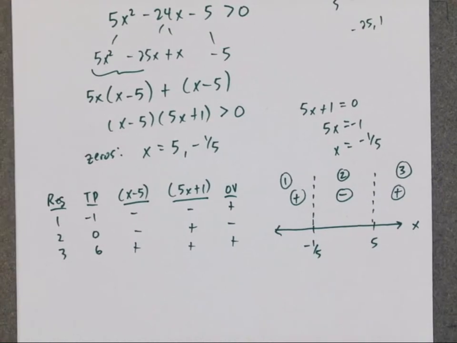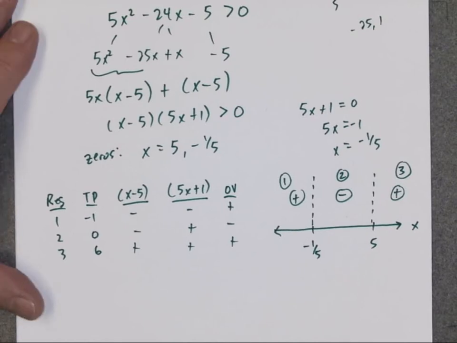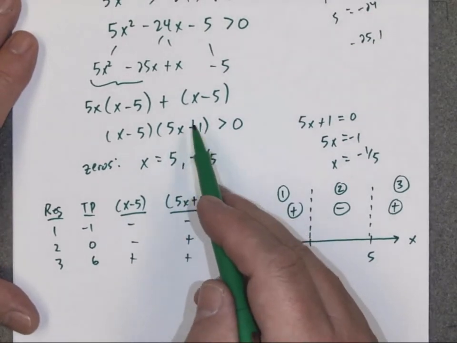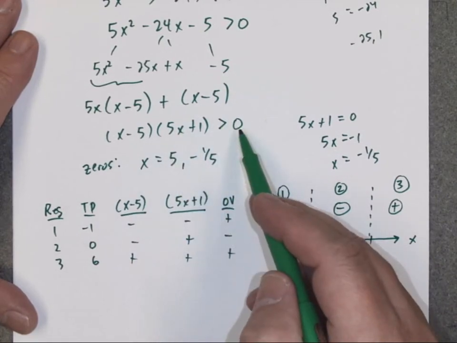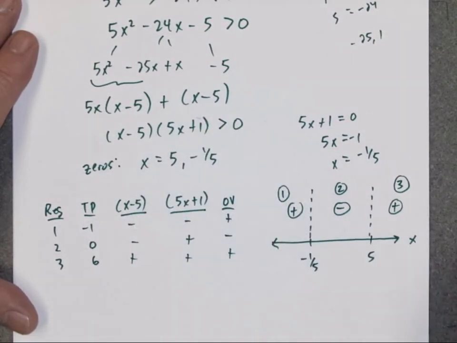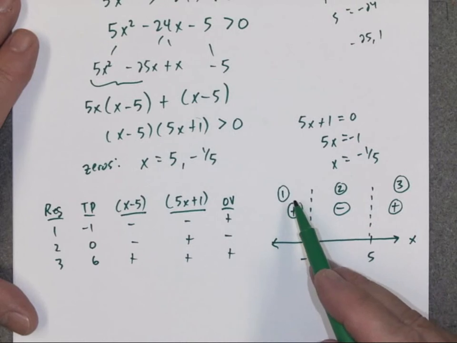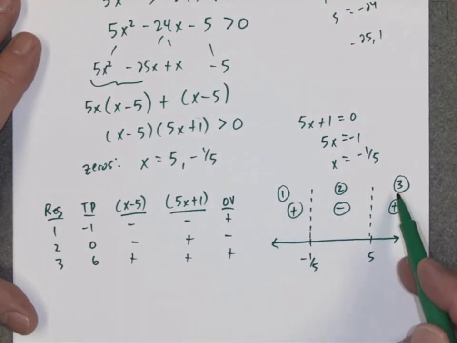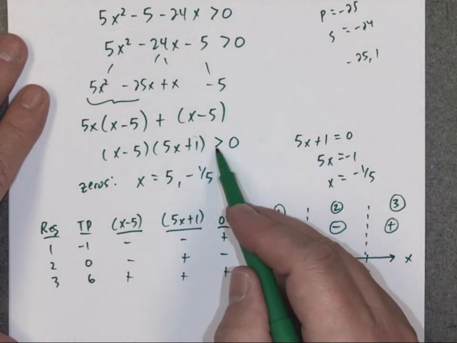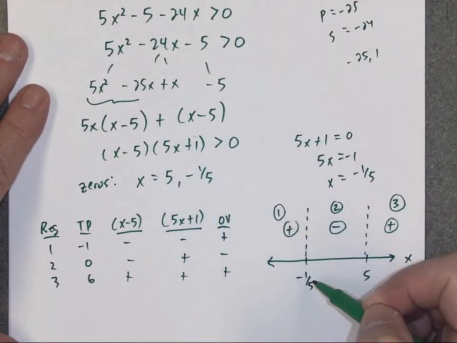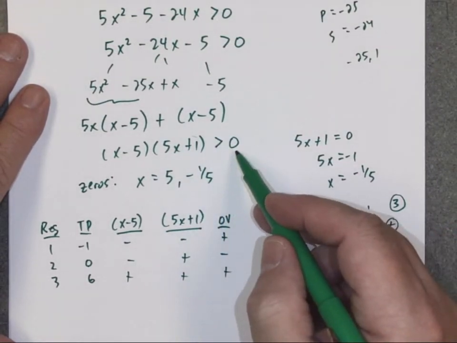Region 3 is positive. All right, so now that I figured out what my regions are, I'm pretty much done. I go back up here and look, what am I looking for? I'm looking for when this expression is greater than 0, or when this expression is positive. There are 2 regions where it's positive, region 1 and region 3. And this time I do not include the boundary points or the zeros because it's just greater than.